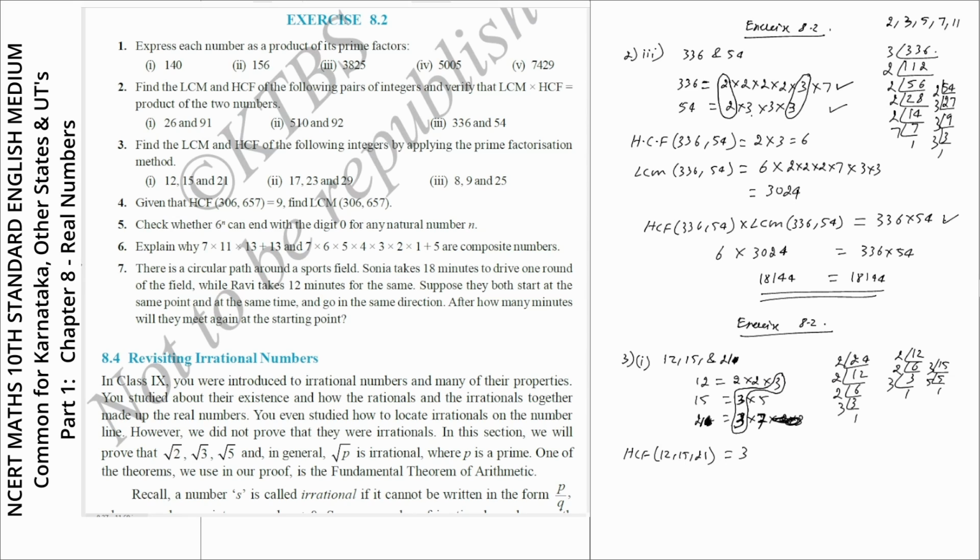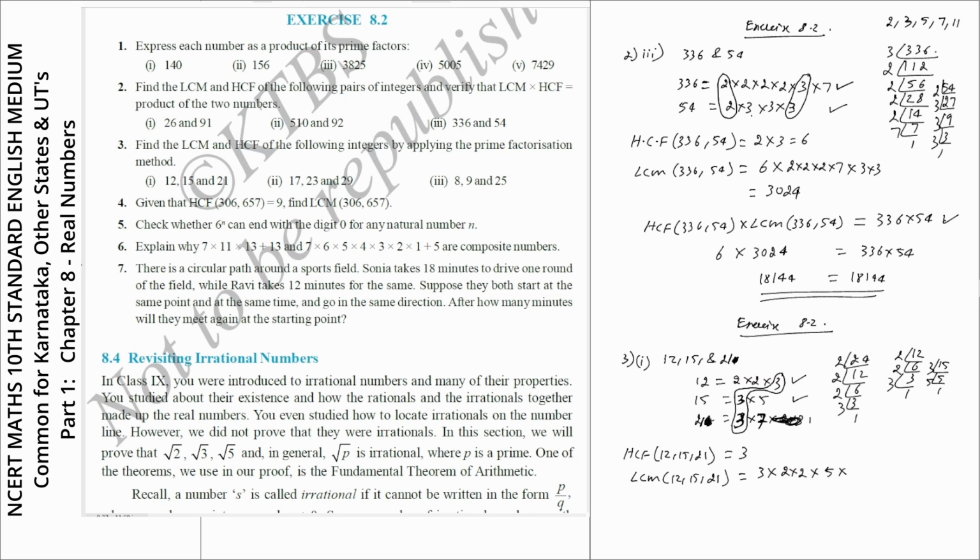Okay, and the LCM of 12, 15 and 21 is equal to, now here 3 is the HCF which we have got. Now into, in the first row, what are the factors left? That is 2 into 2. Again, in the second row, what are the factors left? 5 is left.